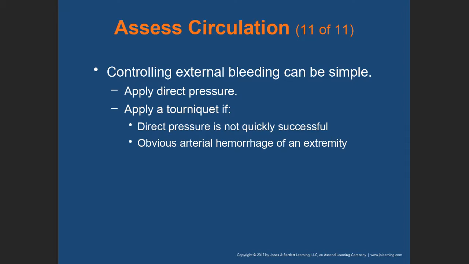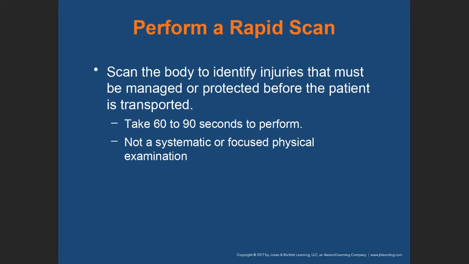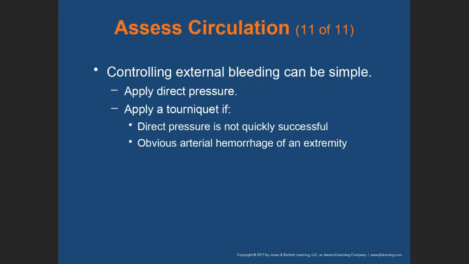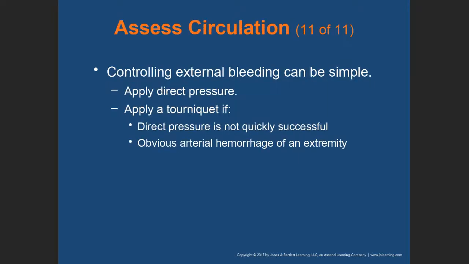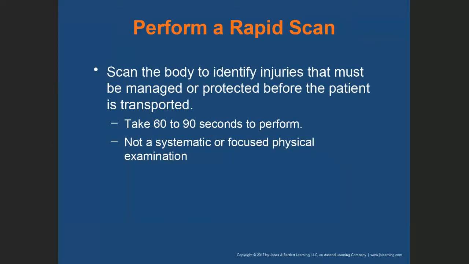Right, now let's continue with the patient assessment chapter. We're on circulation. We're talking about the methods for controlling bleeding. After you have controlled bleeding and completed your circulation assessment, the next phase is to determine whether you need to do a rapid scan or a focused assessment on your patient.